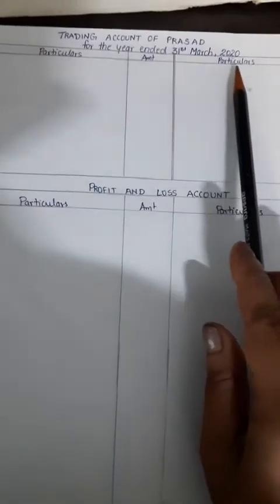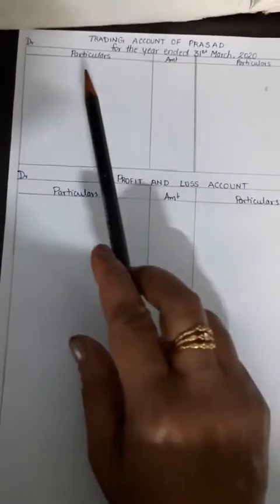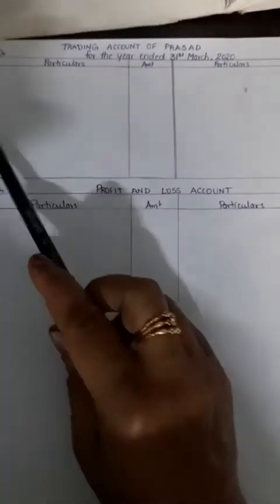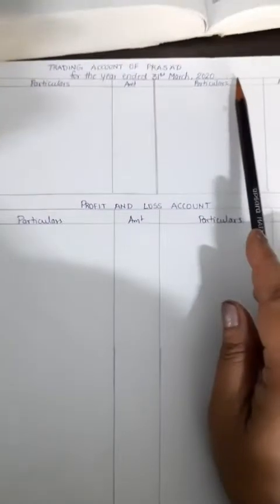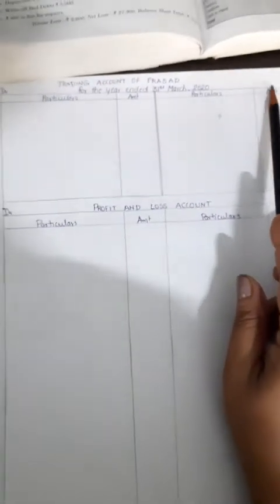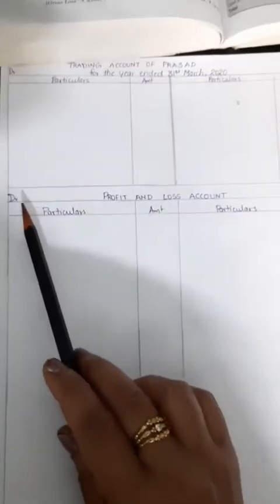Students, as per the requirement of the question, I have prepared trading account of Prasad for the year ended 31st March 2020. Here you can see particulars amount with debit side and credit side. Okay, and I have also prepared profit and loss account with debit side and credit side.